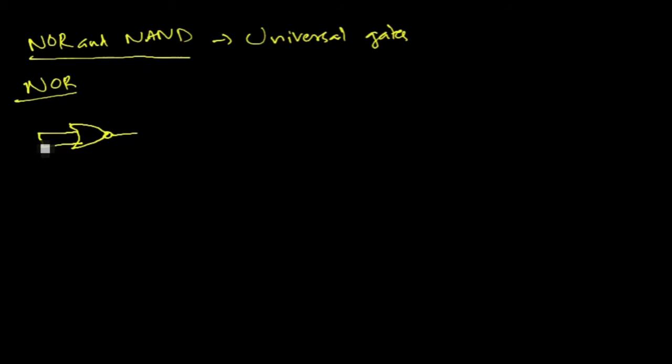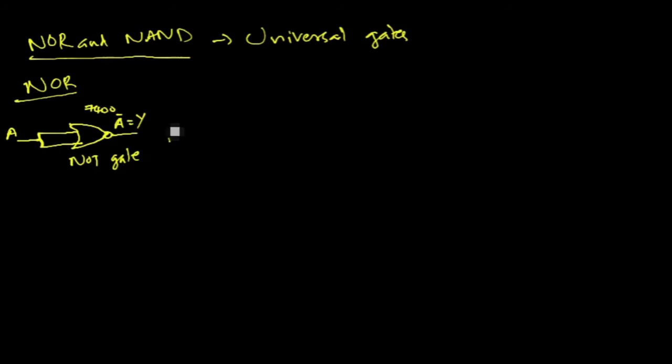Suppose we are going to construct a NOT gate. For a NOT gate we can have only a single input. So the two inputs of this gate are shorted and given the input A, then the output will be A complement. So Y is equal to A complement, which is the NOT gate.